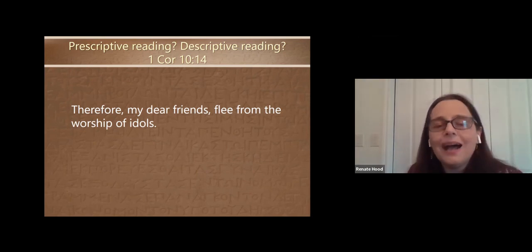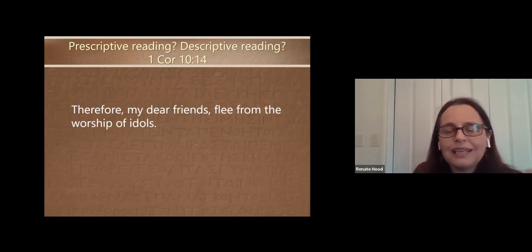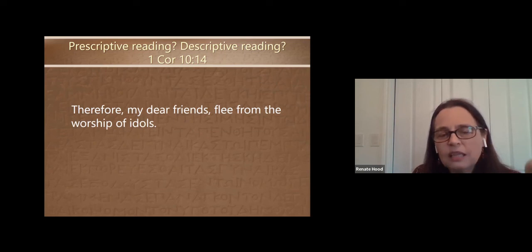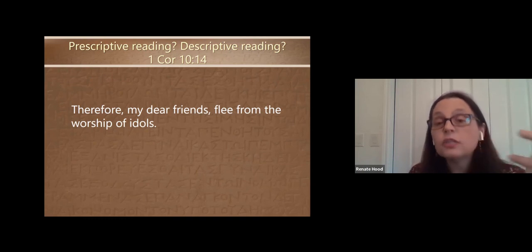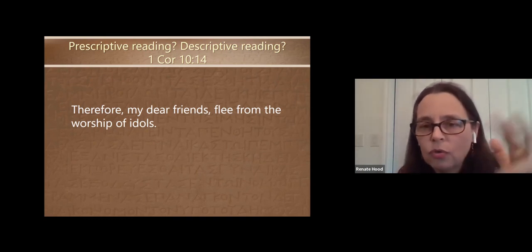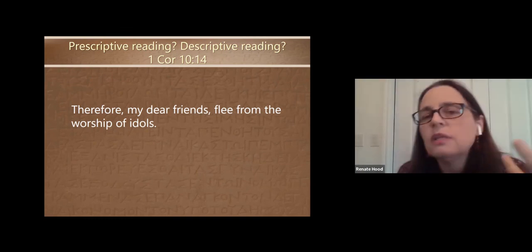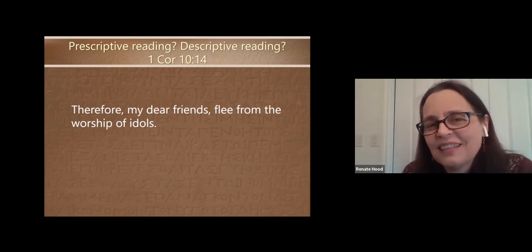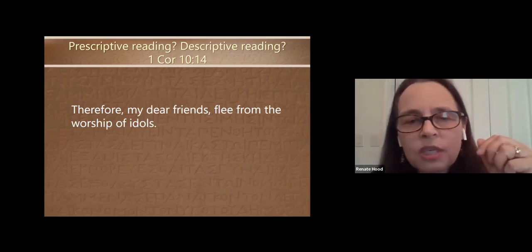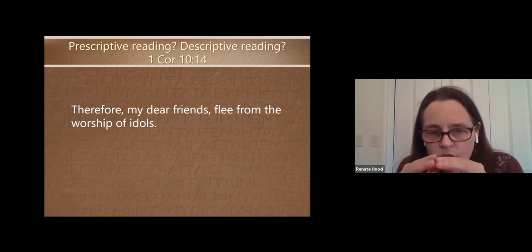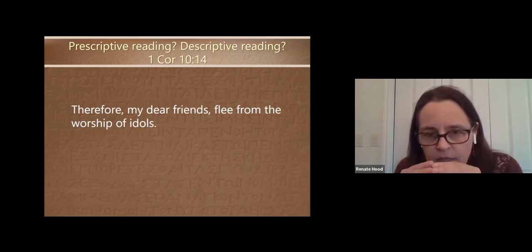What the descriptive reading is not is this: you should not worship idols, and then replace idols with your car, your phone. You cannot just replace one thing. A descriptive reading would have to do with, what did these idols represent? The idols did not represent just one object of worship, right?